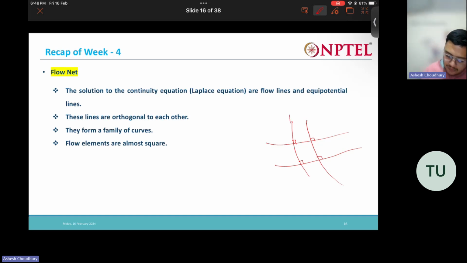If this is flow line 1, flow line 2, this is equipotential line 1, equipotential line 2. So they are perpendicular to each other, and together they form a family of curves, which is nothing but the flow net. Here you can see they have formed a square-like structure, so generally the elements are almost square. These are the basic properties of a flow net.